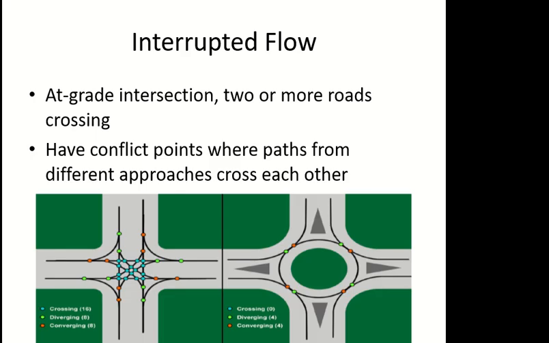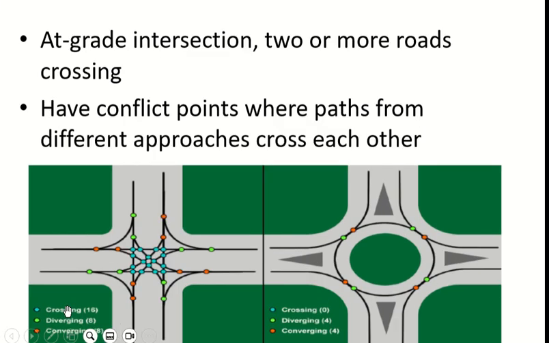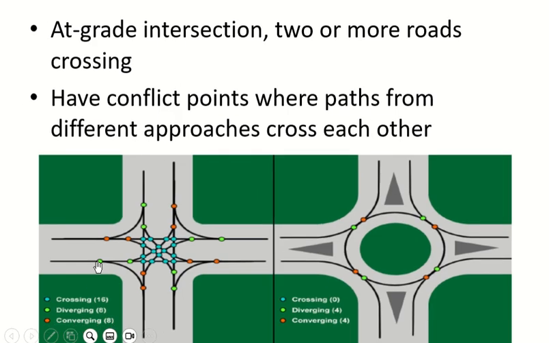Okay, so conflict points are those points where vehicles belonging to different directions come into contact with each other, and they can be of different types, which you can see in this figure. So they are crossing, diverging, and converging. The crossing ones, if you see, vehicles are crossing in different directions, the blue ones.